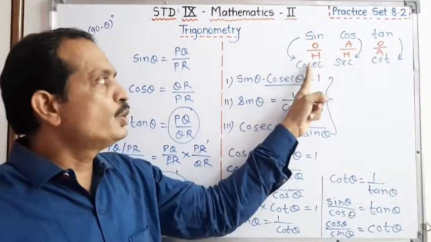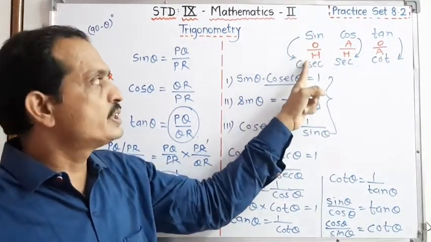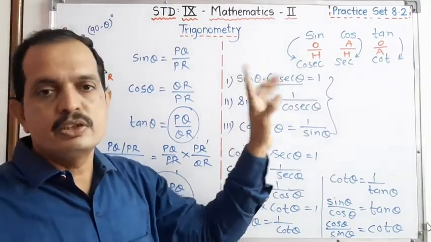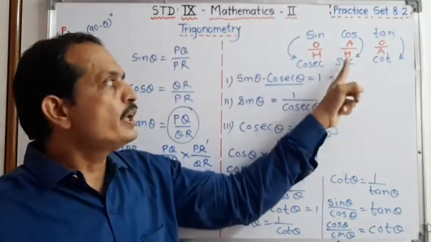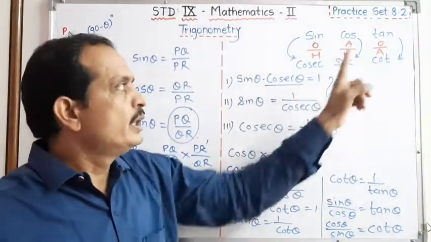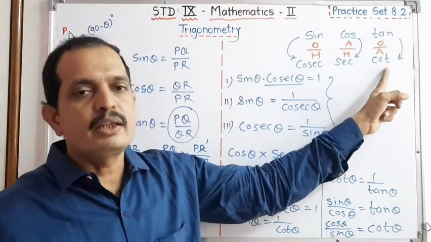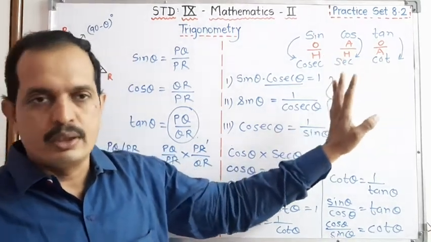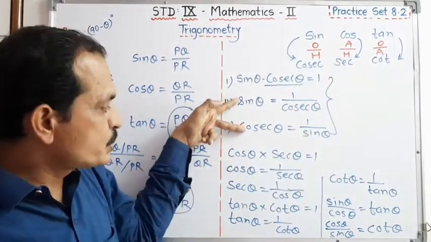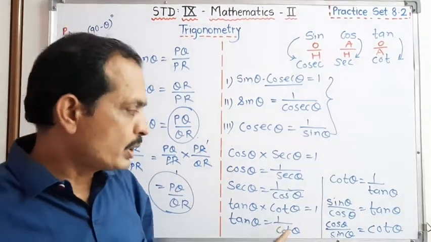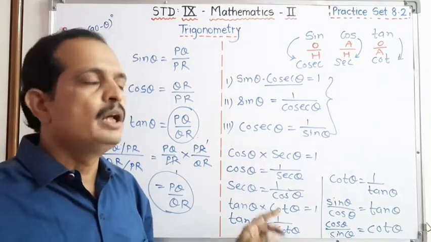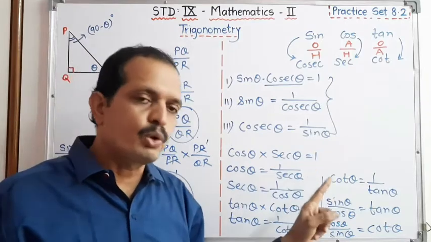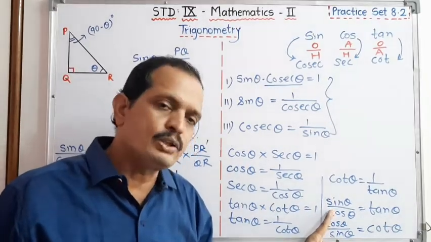Therefore, see dear student, by writing this we can understand these formulas. Sin theta into cosec theta is equal to 1. Cos theta into sec theta is equal to 1. And tan theta into cot theta is also equal to 1. From this we can write these two, and afterward we can write these two formulas. After that there are two formulas with sin theta and cos theta.